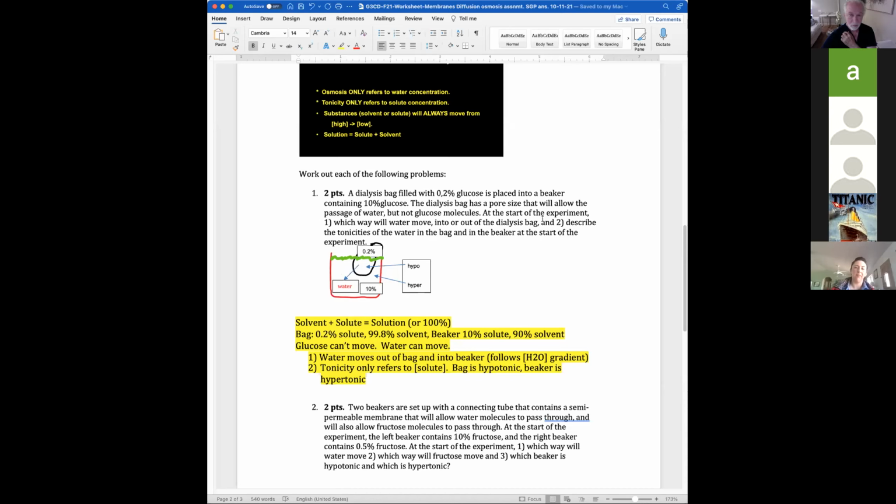Okay, so then with regard to the tonicity in this case, hypo means low, hyper means high, and this refers only to solute. So where is the solute low? You compare 0.2% to 10%. 0.2 is lower than 10, so the bag is hypotonic, and the beaker is hypertonic.